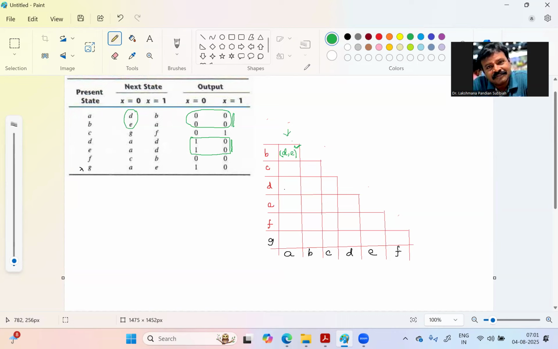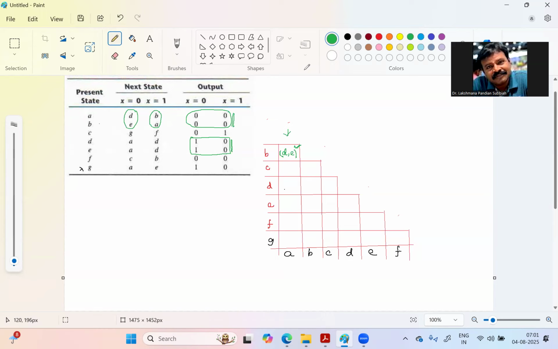So that is one implied state, DE. So AB is a group and DE is also a group. And here we have AB, which we have already paired with a tick mark.